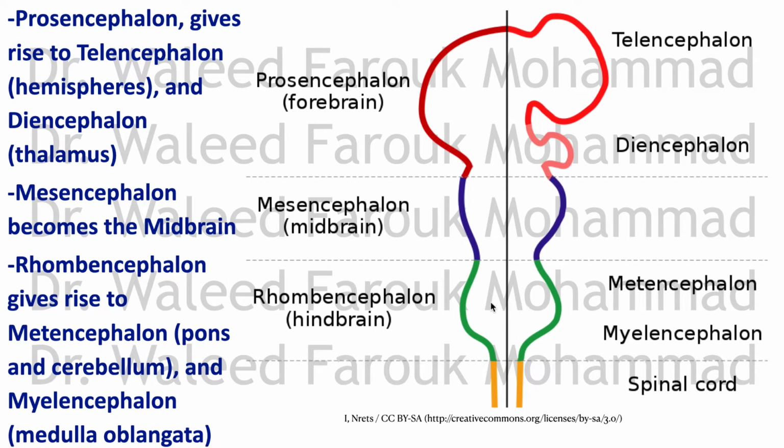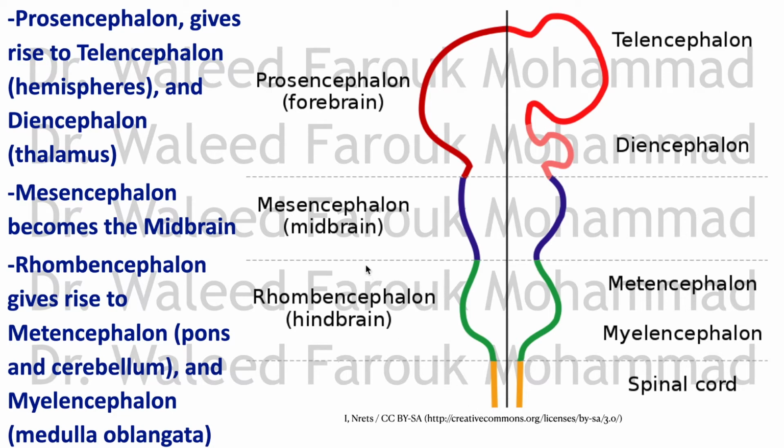The pons actually belongs to the cerebellum. It's a bridge between the two cerebellar hemispheres. So the rhombencephalon, the hind brain, will give rise to the metencephalon, which is the cerebellum and pons, and the myelencephalon, which is the medulla oblongata, and then the spinal cord. The spinal cord is called the spinal medulla, by the way. It's a continuation of the medulla oblongata.